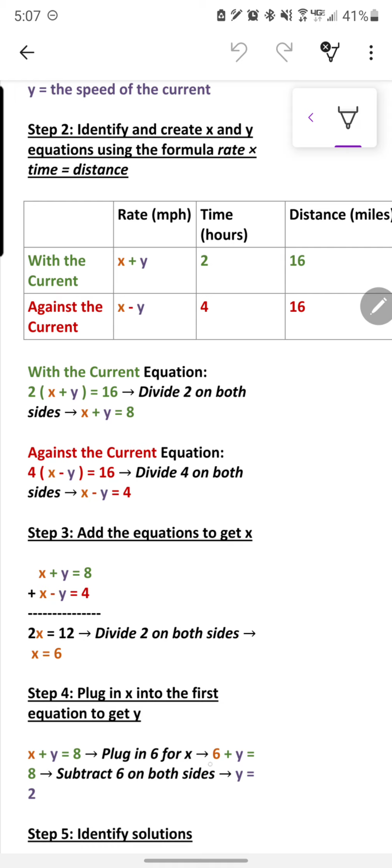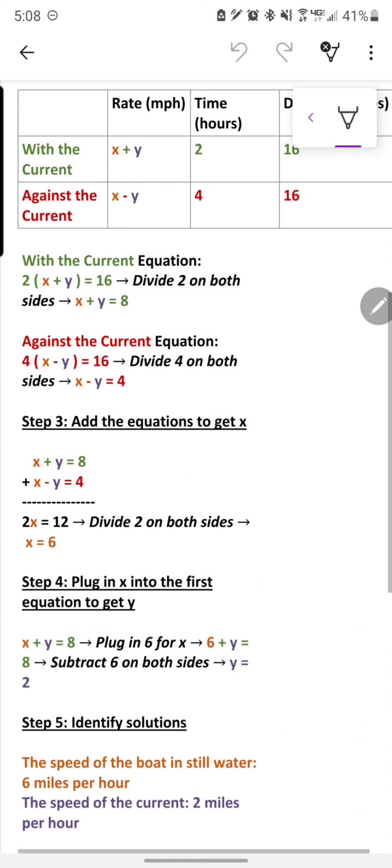Plug in 6 for x, so 6 plus y equals 8. Now we subtract 6 on both sides to get y equals 2. Now we got the solutions for x and y, and we move on to step 5 to identify solutions.